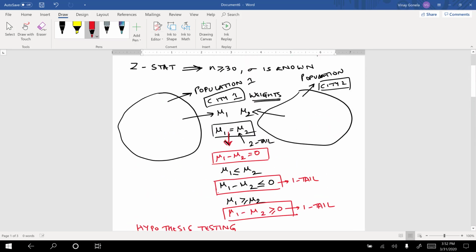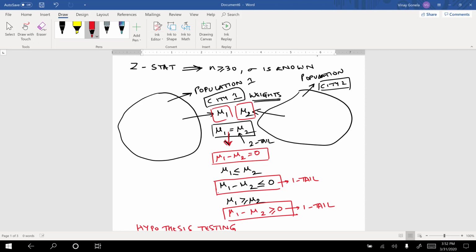As you know, when we compare two different populations, it's difficult to get mu values, mu1 and mu2, because if we are doing it for a whole city, it's difficult to get the population parameters.